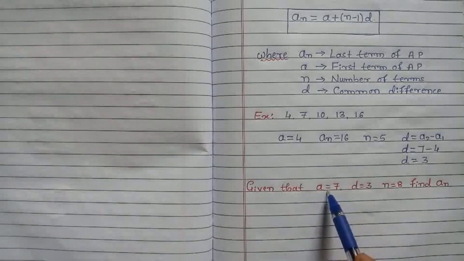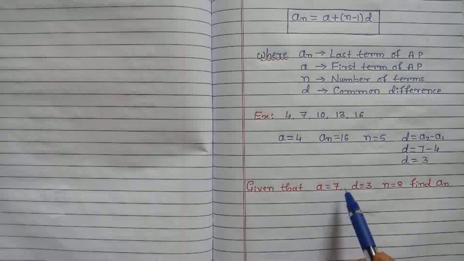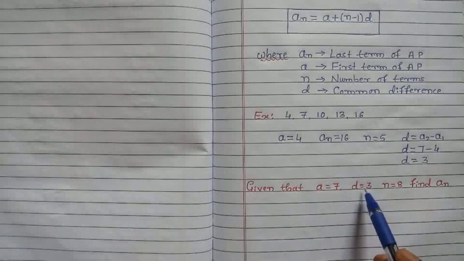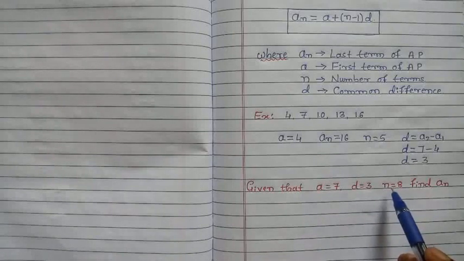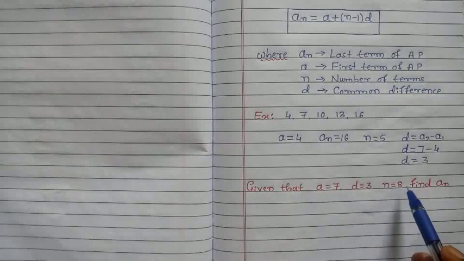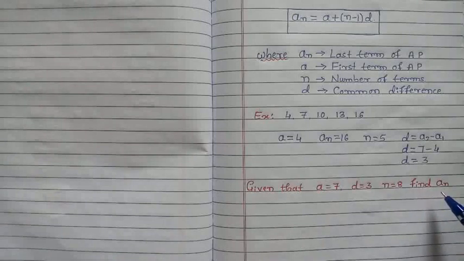The first term of the AP is 7, the common difference is d = 3, and the total number of terms is n = 8. We have to find the value of an using the nth term of arithmetic progression.